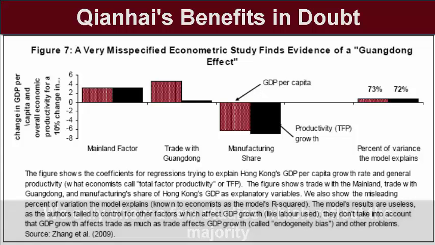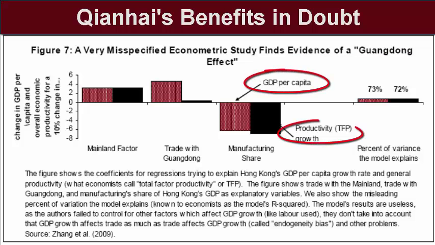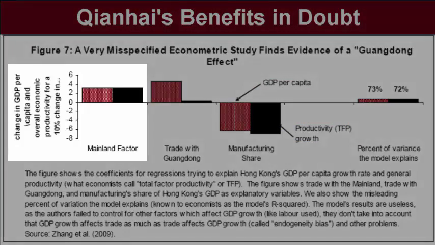One example of such a study is Zhang et al.'s 2009 study, where they supposedly find a Guangdong effect of deepening integration in the Pearl River Delta region. And what their regression analysis shows is that GDP per capita, as well as productivity growth, as proxied by total factor productivity, increases with further access to mainland markets.